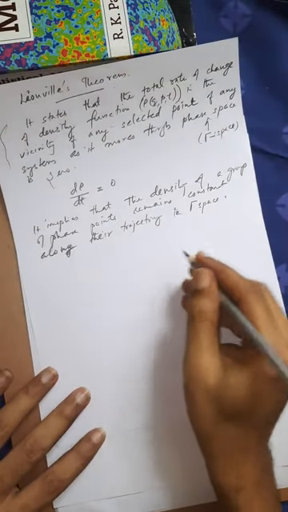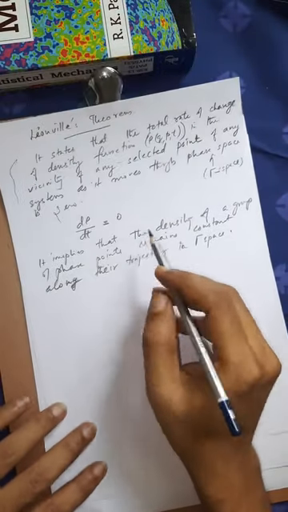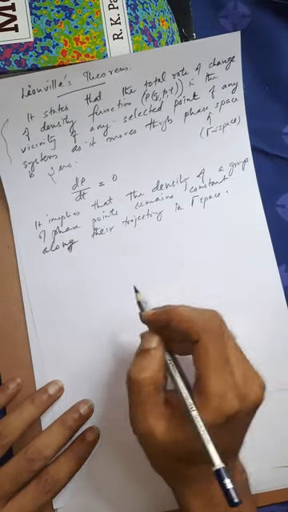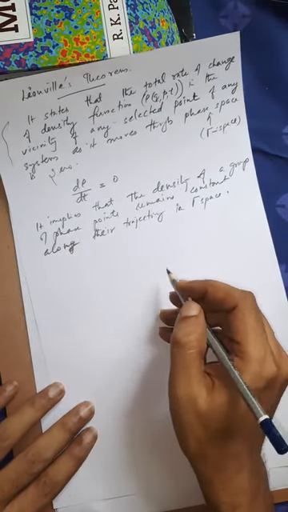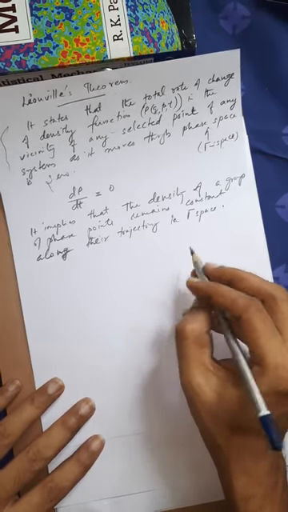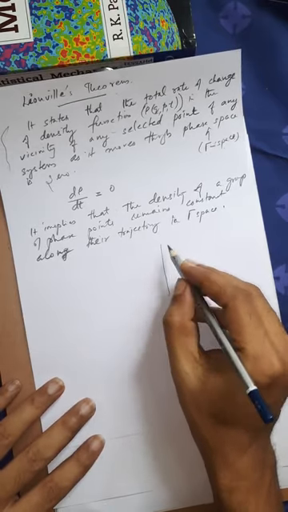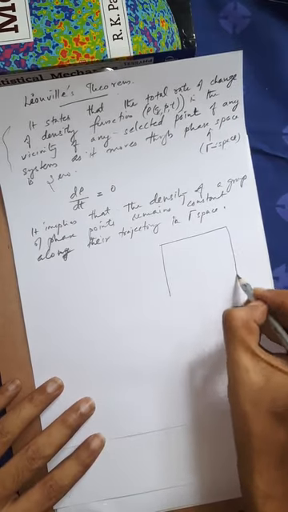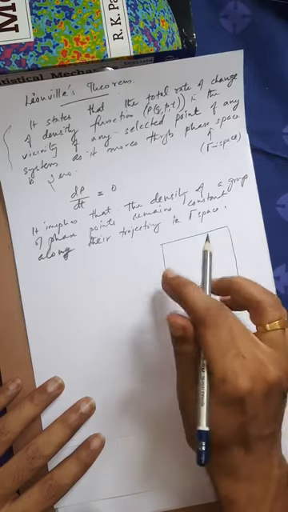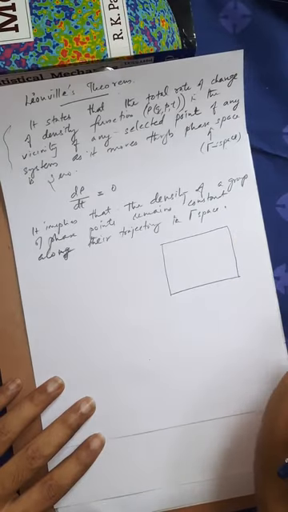So now let's try to derive the Liouville's theorem. For that purpose, we choose an arbitrary volume in the phase space.